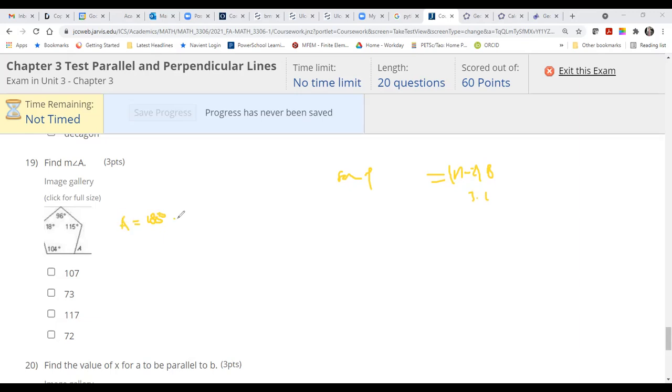So A will be 180 degrees subtracted by, you can call this B again, or beta. And beta equals 3 times 180 degrees, which is 540 degrees, minus all of these angles.